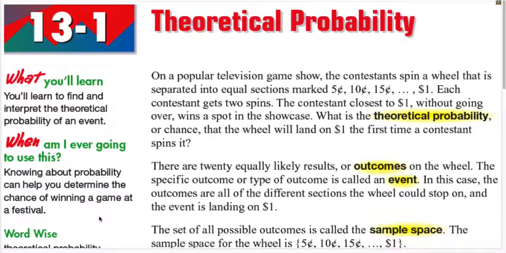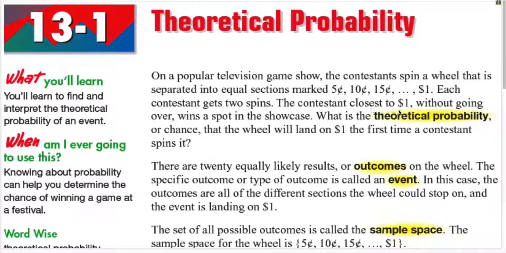Okay, so let's take a look at this example on a popular television game show, The Price is Right. Contestants spin a wheel that is separated into equal sections marked 5 cents, 10 cents, 15 cents, all the way to $1. So the divisions there are 20 divisions from 5 cents to $1. Each contestant gets 2 spins.